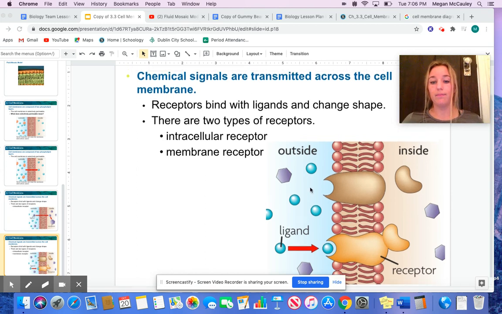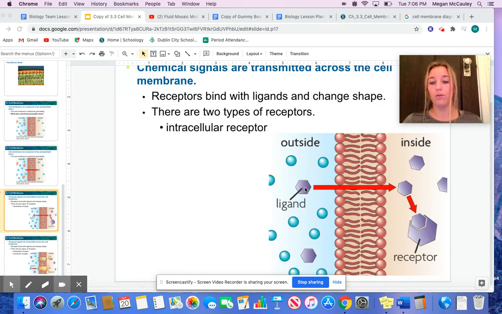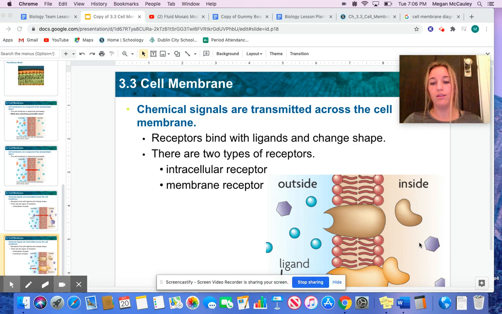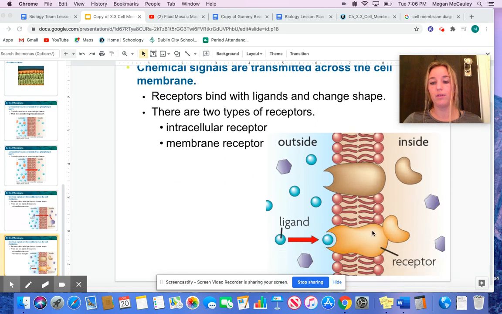So the difference, intercellular goes right across the membrane, hooks onto a receptor, sends a signal to the DNA, sends a signal to the nucleus to change something in the gene. And a membrane receptor is located literally inside of the membrane. The ligand binds with this receptor, transmits it across the membrane to the inside of the cell, and sends it away to the DNA. Okay?